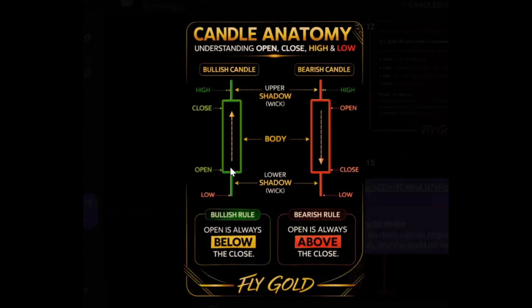And when it came back up and got back to the open, this turned into a wick. It pulled all the way up, came up here, and then pulled back. And this was a whole candle that turned into a wick. And then it closed. Since it closed above where it opened, it's a bullish candle.